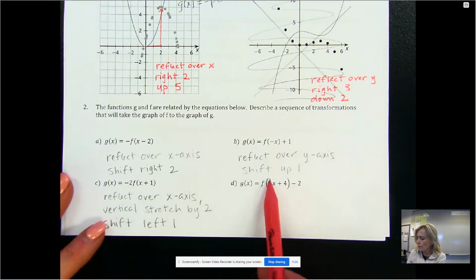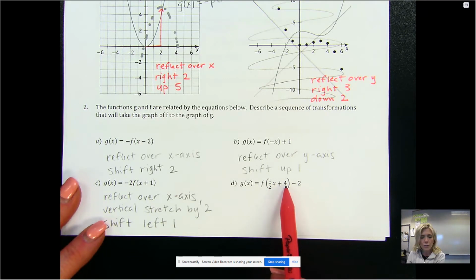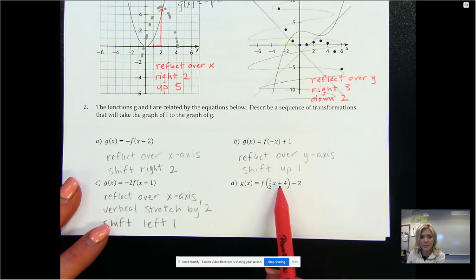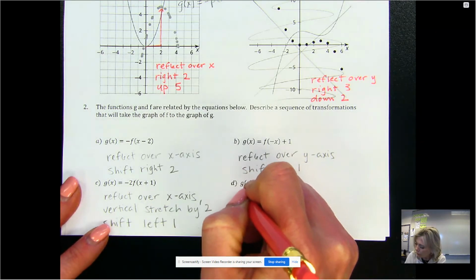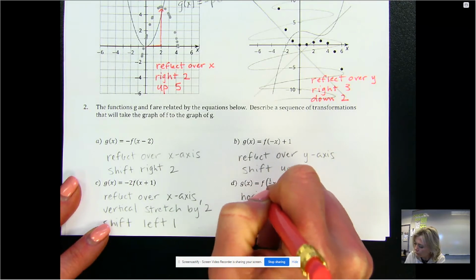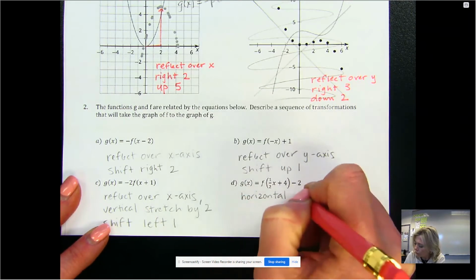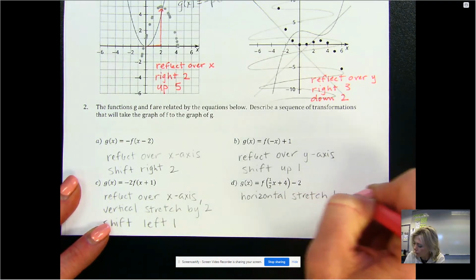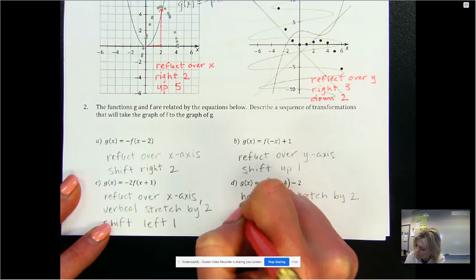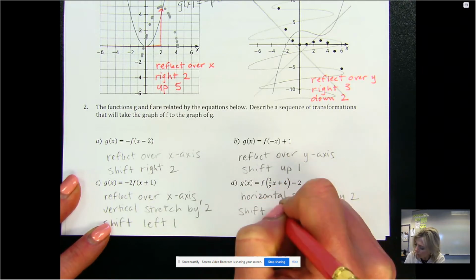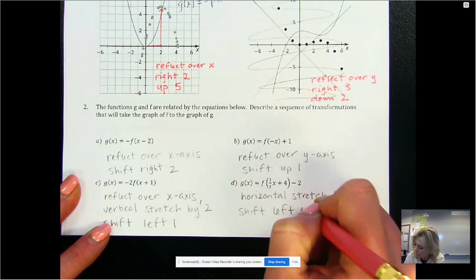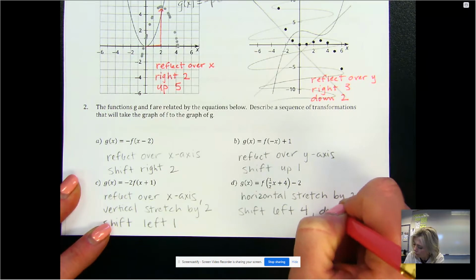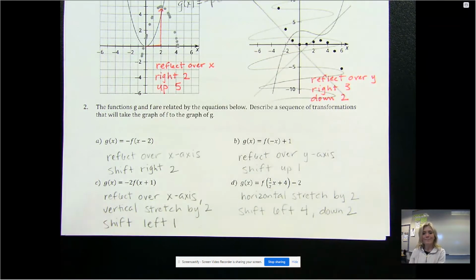So this is a horizontal stretch by 2, and then shifting to the left 4, and down 2. So horizontal stretch by 2, and then shift left 4, down 2.